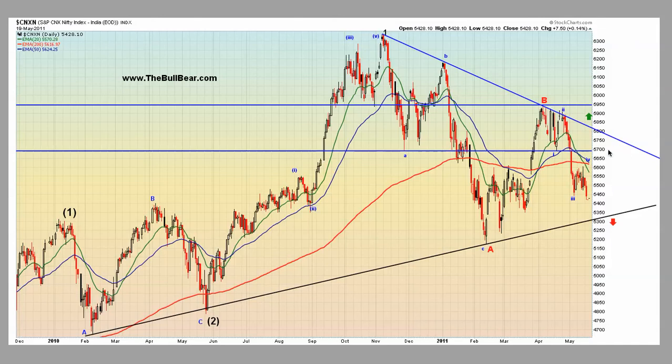You've got the 20-day below the 50 and the 200, with the 50 just about to cross the 200 into a full bear market alignment on the moving averages. So you're almost in full bear market mode here on the Nifty. And certainly if this support line were broken, which looks well within the realm of possibility, you'd have some serious questions about the viability of an ongoing bull trend in India.